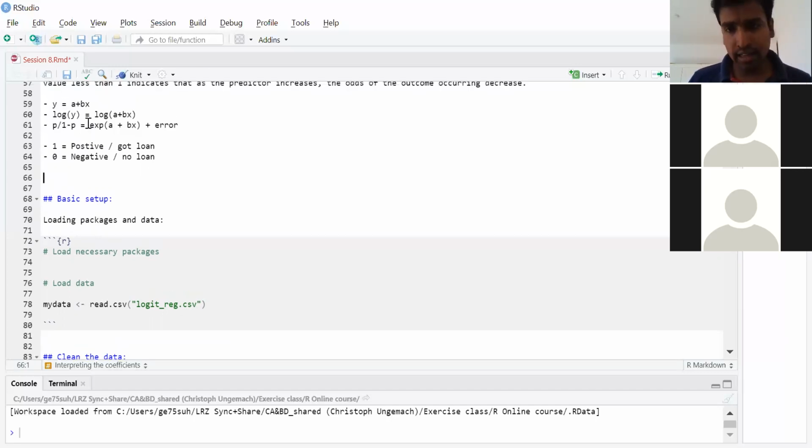How will we predict probability? We are basically taking the normal linear regression equation, where y is equal to a plus bx. Since we cannot really fit just y equals a plus bx when we are estimating probabilities, we need to convert this 1 and 0 into a continuous number, which is not the case.